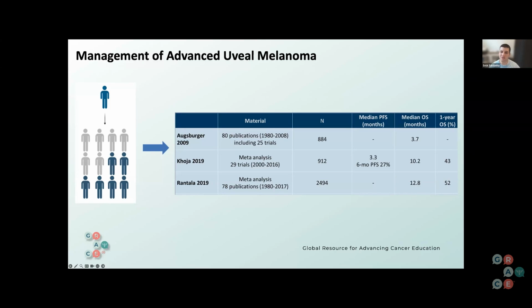However, even here, when we think about median overall survival spanning until 2019, 2020, what we know is that this disease is heterogeneous. So we do have a subset of patients that will have a very prolonged overall survival compared to this 12 months, which is just a statistical analysis. This is the median, but this disease is indeed quite heterogeneous, as you will see.